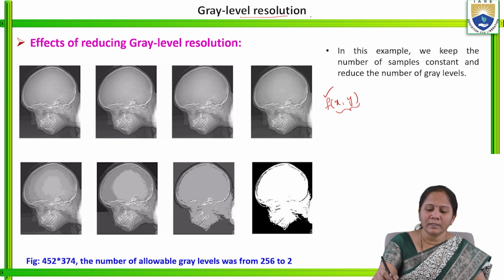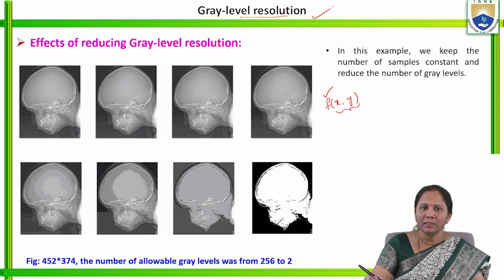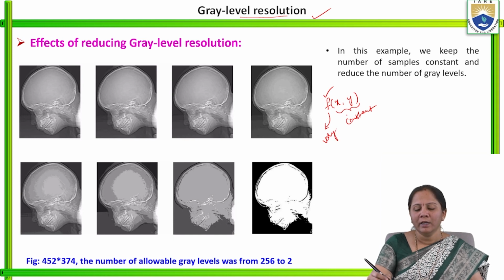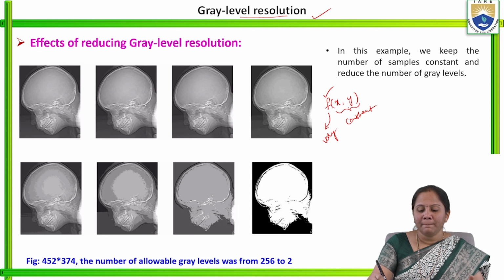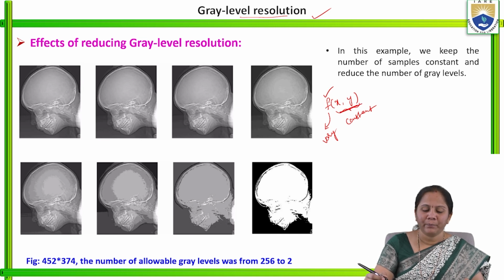Whereas in gray level resolution, we keep the values of x and y, the spatial coordinates, constant, and we make the value of f, the gray level, variable. That means we keep reducing the value of f while keeping x and y constant.